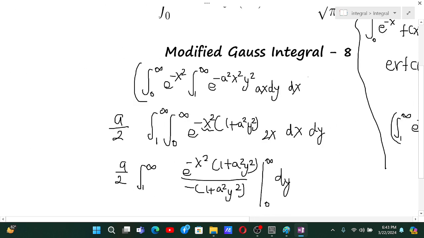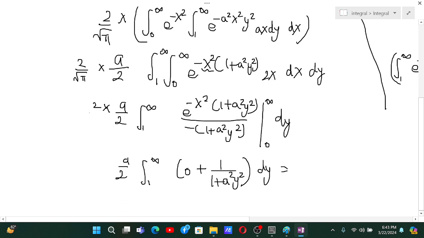And this times 2 by root pi. And now this is just a by root pi, and that is just tan inverse ay.